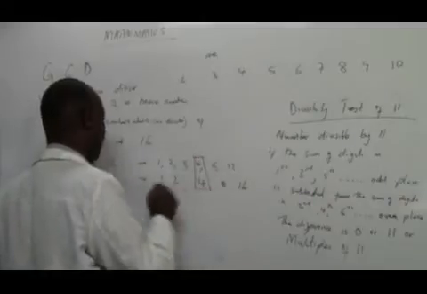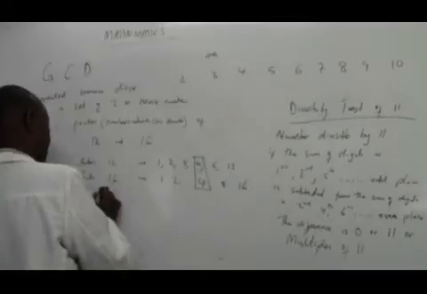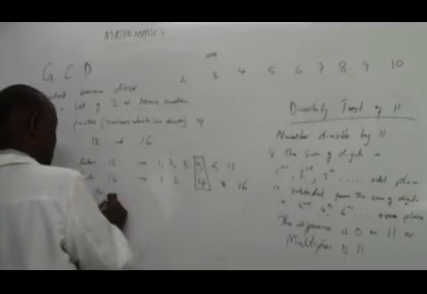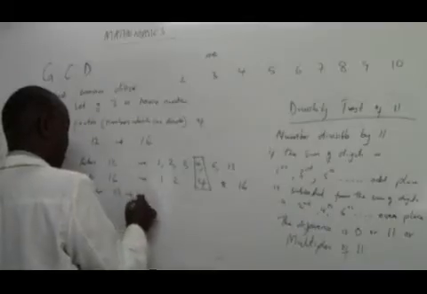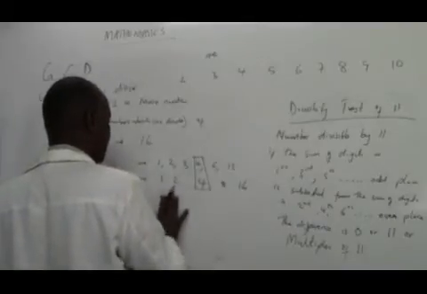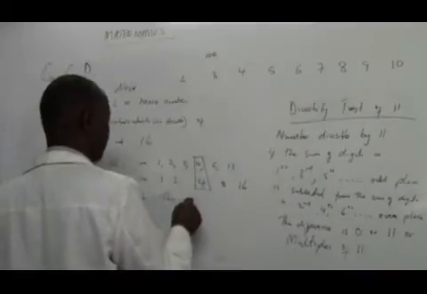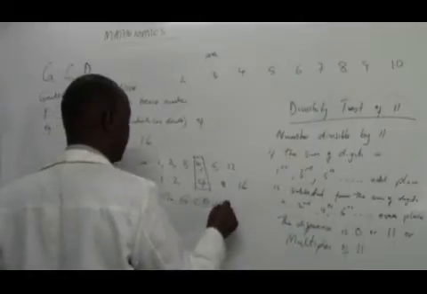So for 12 and 16, the GCD, or the greatest common divisor, is 4.